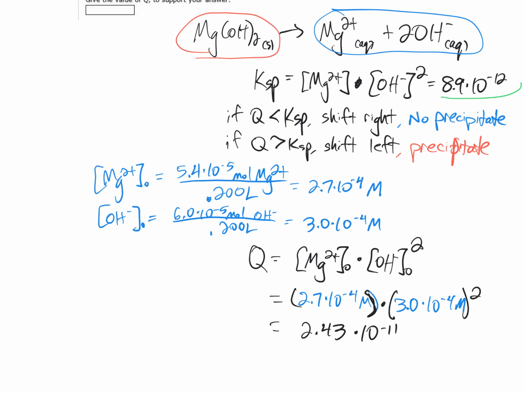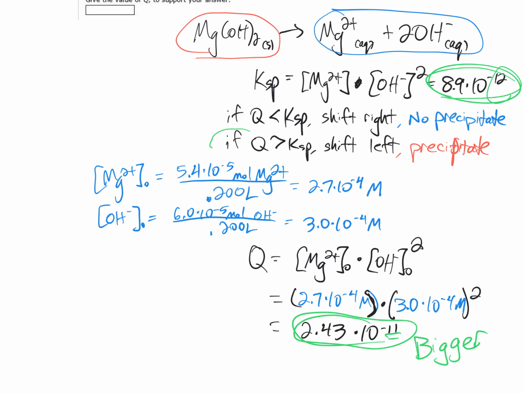Now we need to make a comparison of Q to K. Which one of those numbers is bigger? In my case, for my red numbers, and this may differ from student to student, but I've got a value of Q that is actually bigger than the value of K. So if Q is greater than K, then according to my calculations, we would shift left and form a precipitate.